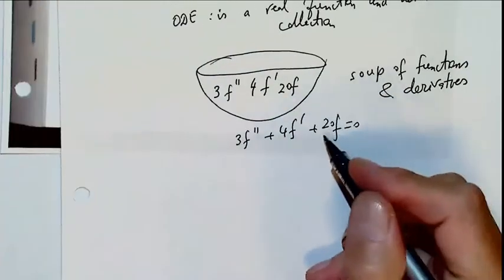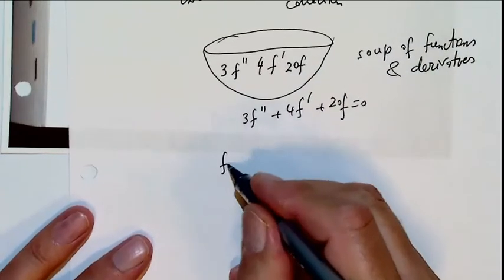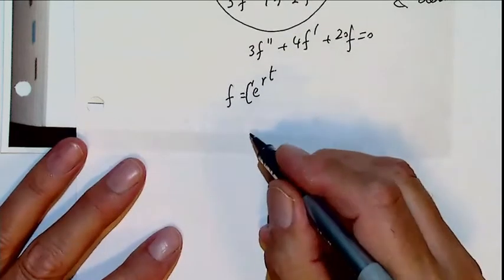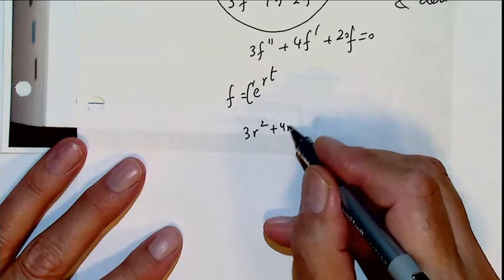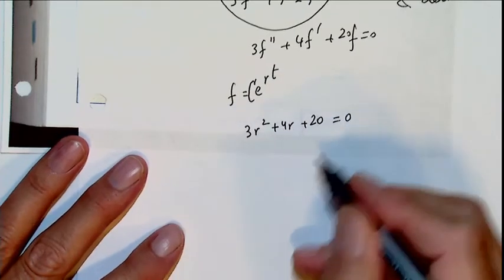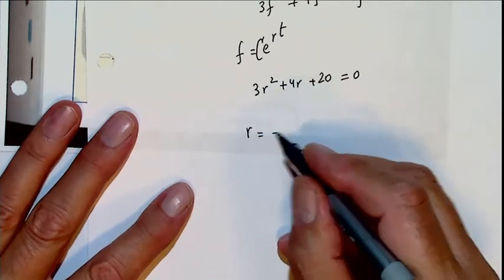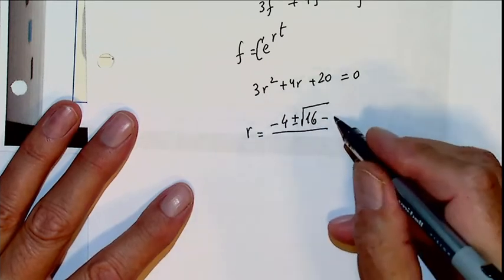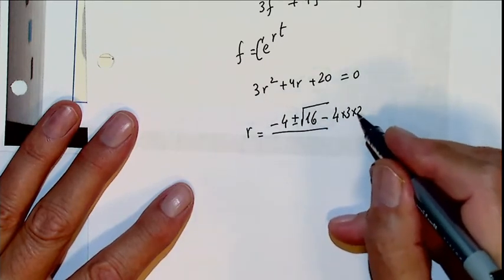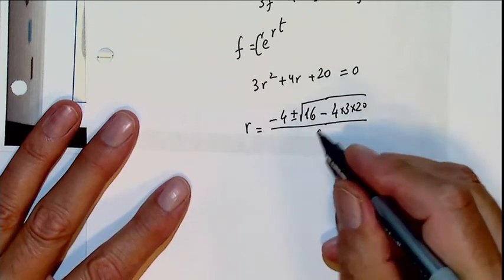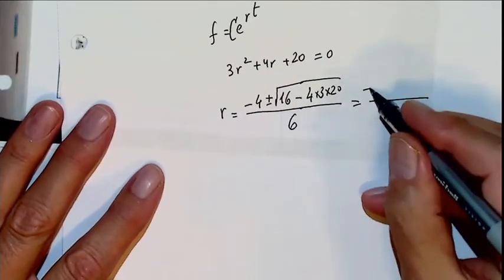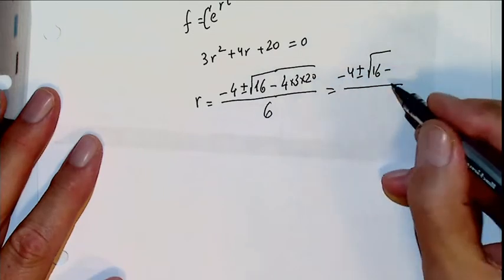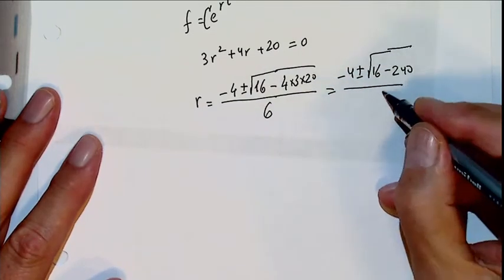So everything is real. There are no imaginary numbers. Then I substitute f equals e to the power rt. Then I will get 3r squared plus 4r plus 20 equals 0. Then let us find the roots. r equals minus 4 plus minus square root of 16 minus 4 times 3 times 20, divided by 6. That is minus 4 plus minus square root of 16 minus 240, divided by 6.